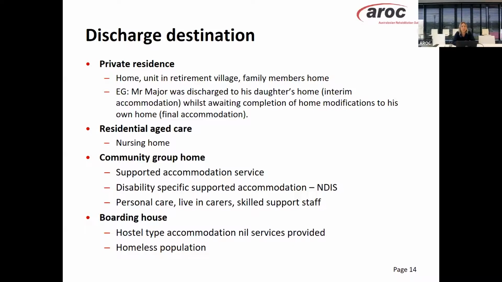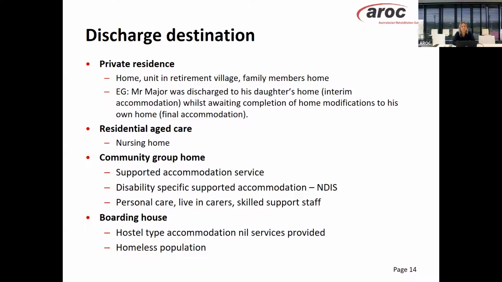So that's discharged to interim accommodation of private residence whilst awaiting completion of home mods to his own home. So again, that's discharged final accommodation of private residence. Then we've got residential aged care, so we're talking about nursing home placements.